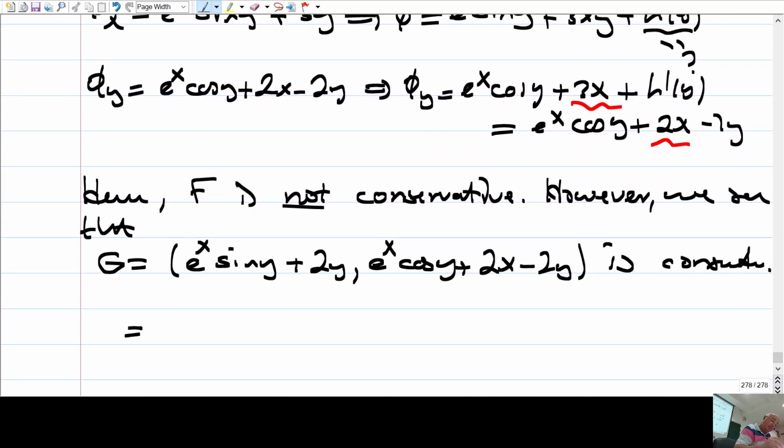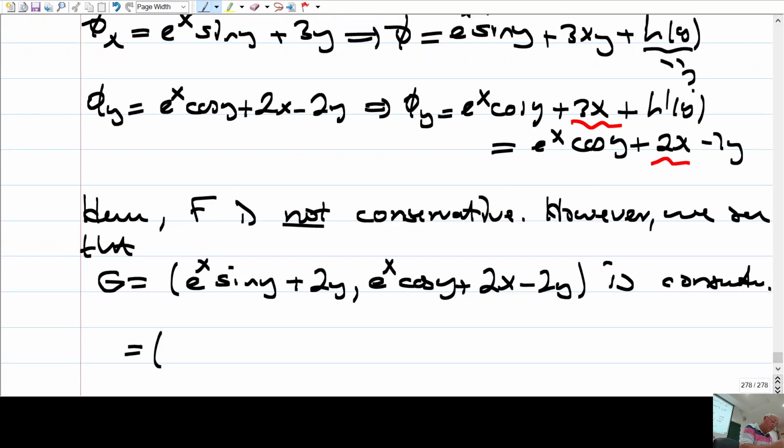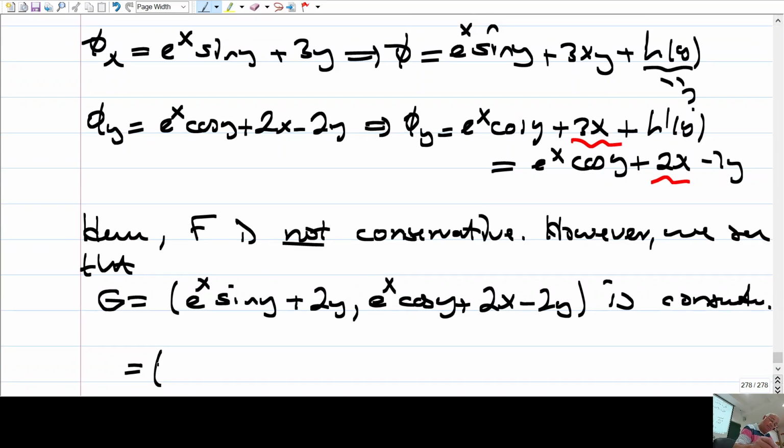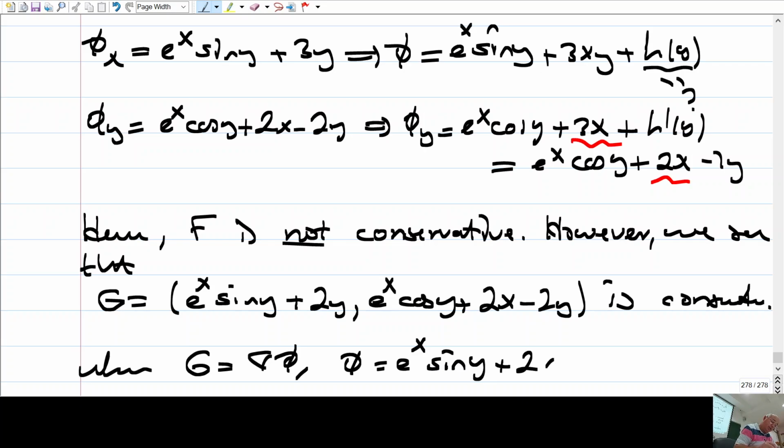And what is this? This is just, so phi is this function, namely, if I choose this: e to the power x sine y plus 2xy, and h prime will be minus 2y. If h prime is minus 2y, what is h?